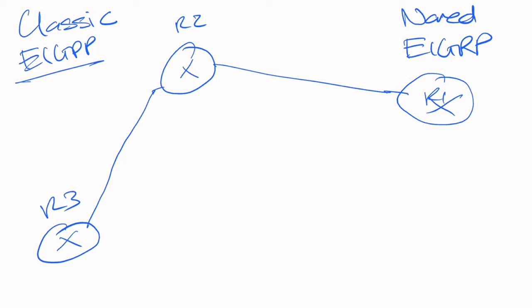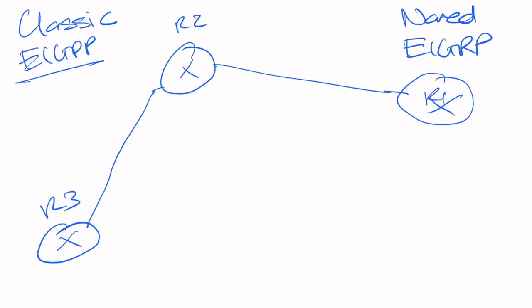What I mean by older is that it might be in an older segment of the network where this newer device has been brought in as an addition, and a different engineer might have configured it, or whatever the scenario might be, but that is the current scenario we have. So R1 is configured in Named EIGRP, and R2 and R3 are in Classic EIGRP.